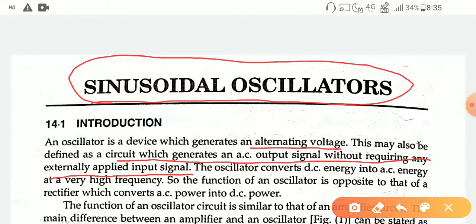Means that it can be represented as a converter which converts the DC energy into the form of AC energy. So the function of an oscillator is opposite to that of a rectifier, because we know that for a rectifier, AC power is converted into the DC form.